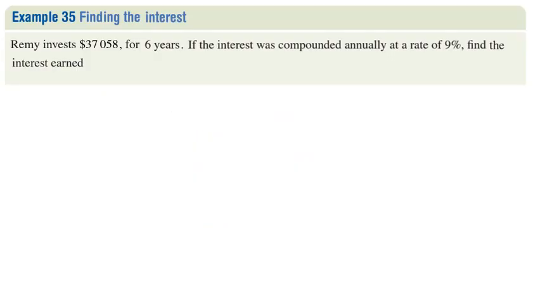Okay, last example. Remy invests $37,058 for 6 years. If the interest was compounded annually at a rate of 9%, find the interest earned. So I always need to find the amount first, using my formula A equals P times 1 plus R divided by 100 to the power of T. Then substitute in each part.